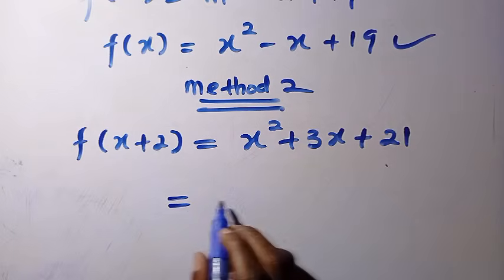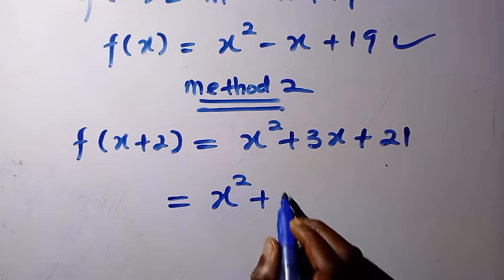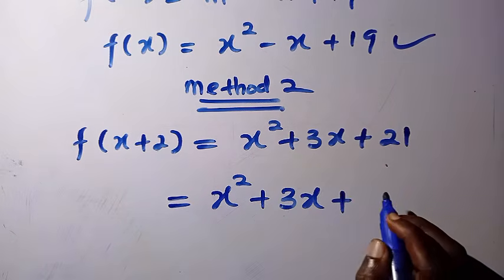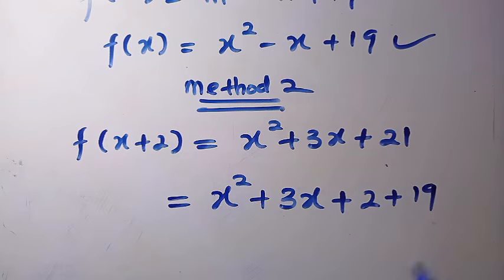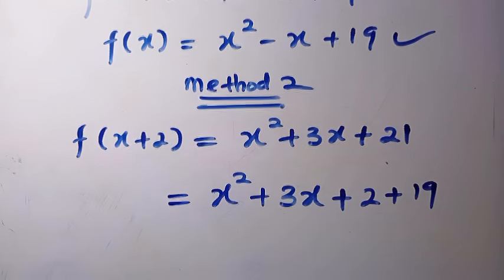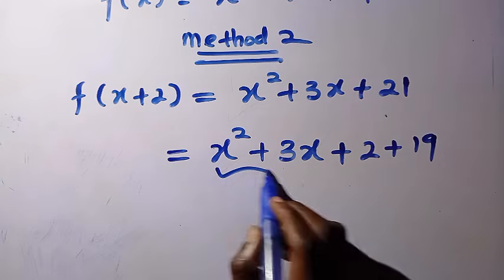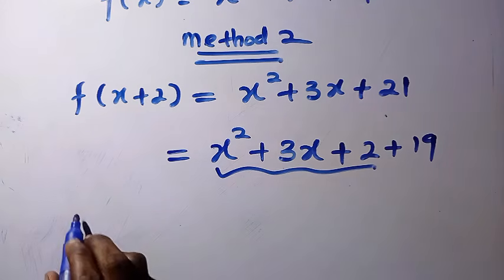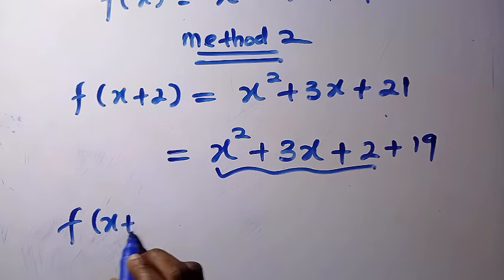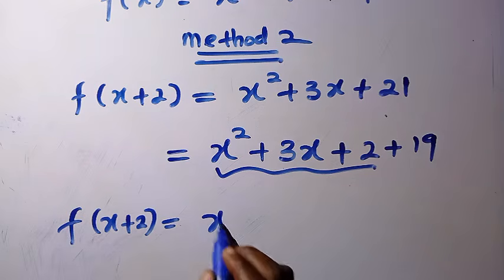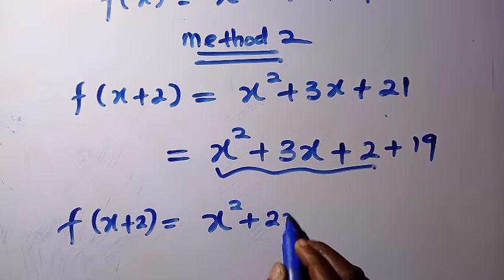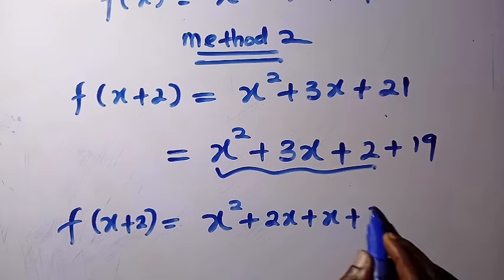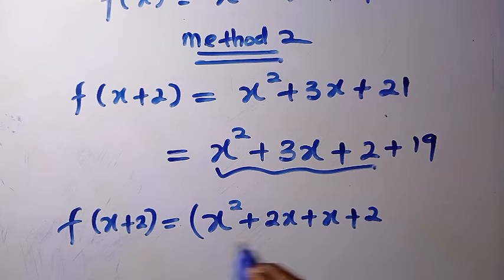We can write x squared plus 3x plus 21 as x squared plus 3x plus 2 plus 19, so this gives us 21. So easily for us, we can factorize this. For f of x plus 2 equals x squared plus 2x plus x plus 2, in bracket, plus 19.